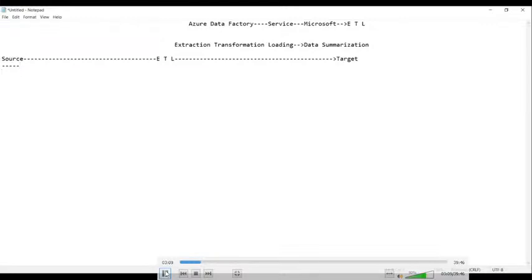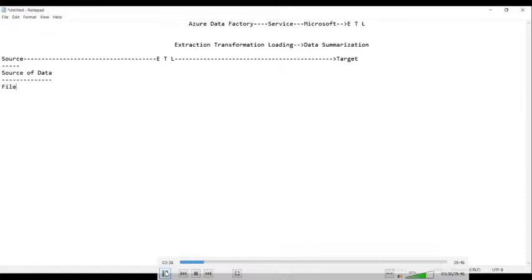Else we can say that source is nothing but a source of data. So that means we can get the data from the following.